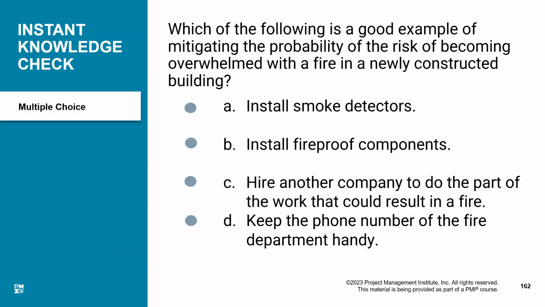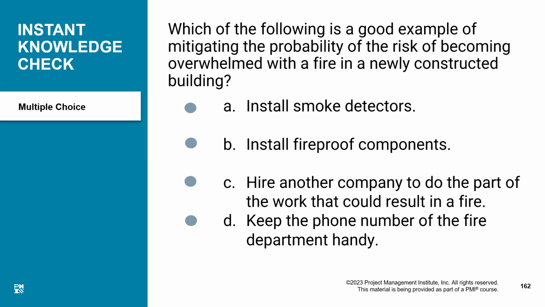Which of the following is a good example of mitigating the probability of the risk of becoming overwhelmed with a fire in a newly constructed building? Yes, please. Letter B. Bravo.